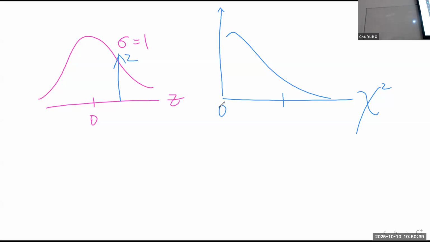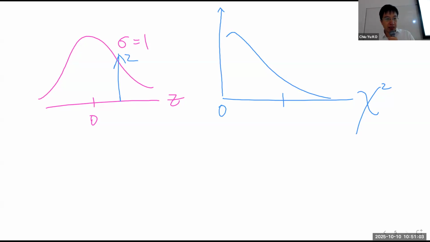And you don't just do one square, you do more. So you draw two numbers, square each, and add together. Then we have chi-square 2. Chi-square with degree 3, you draw 3 numbers, square each one, and add together. That will be chi-square 3. That's what I wrote in the slide over there.